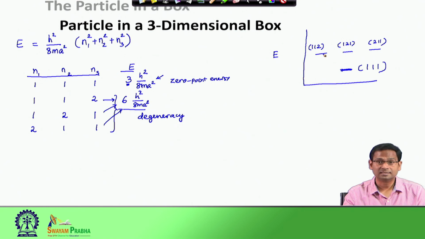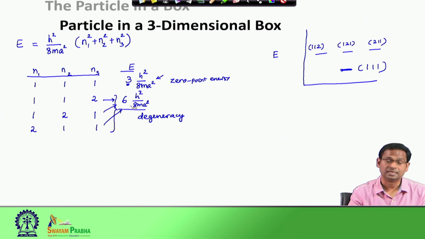This represents 1 1 2, this represents 1 2 1 and this represents 2 1 1. We can write 3 different state functions or 3 different eigenfunctions for each of these 3 levels, whereas their energies are all the same, that is 6 h square by 8 m a square. So, these energy levels form a threefold degenerate energy level.